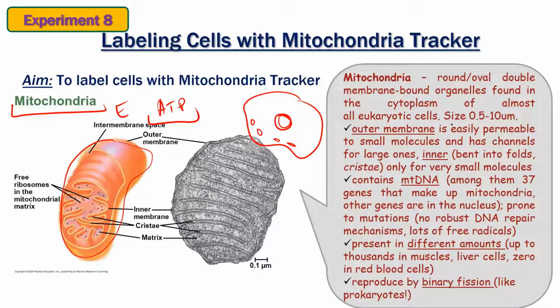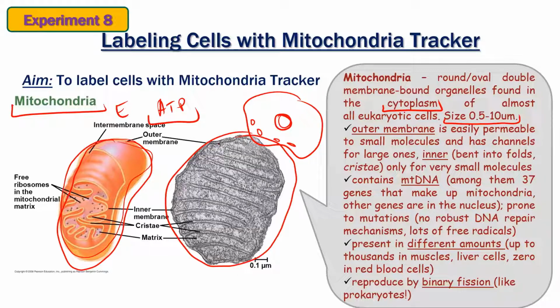Okay, so we have these mitochondria, and their sizes range from 0.5 to 10 micrometers. So they are of the size of a usual bacterium, and they are found in our cytoplasm. Usually they have prolonged oval or roundish shapes, and it really depends from cell type to cell type.